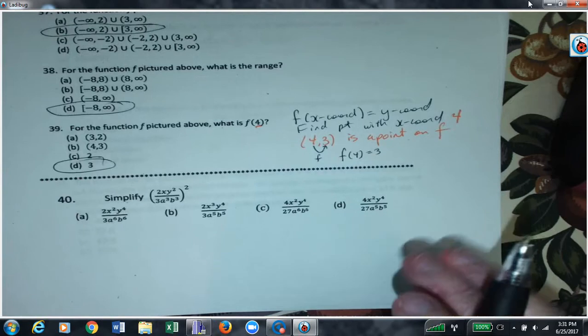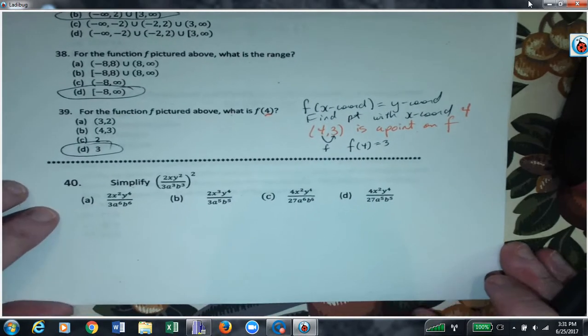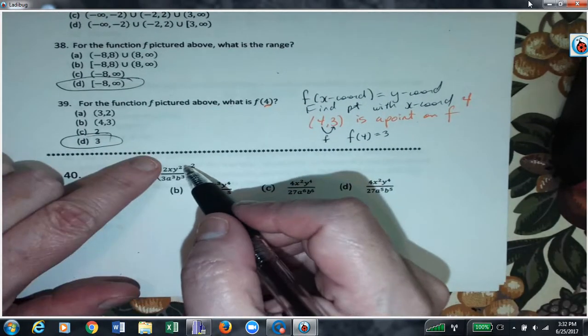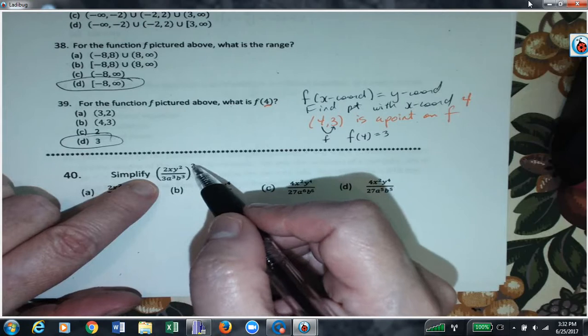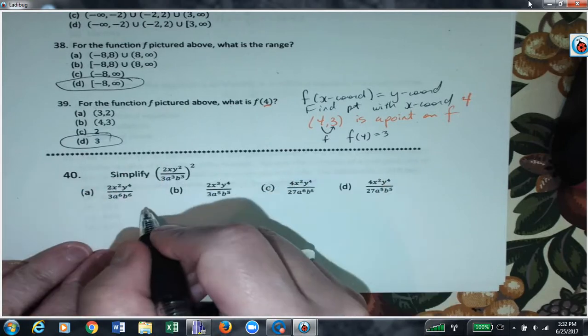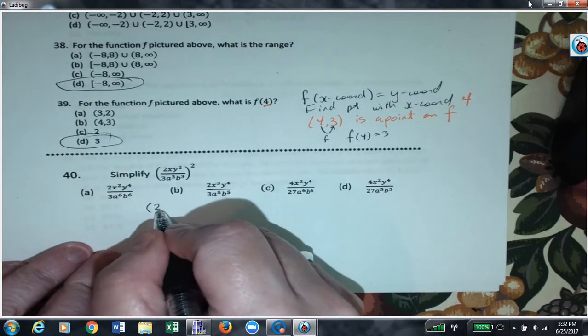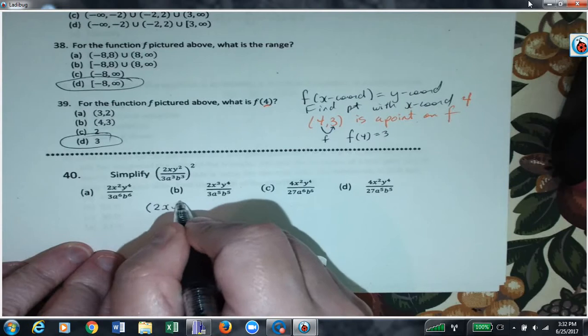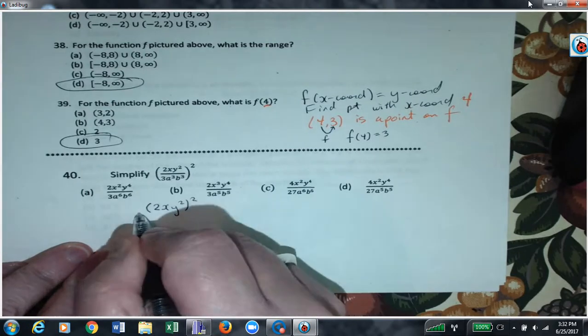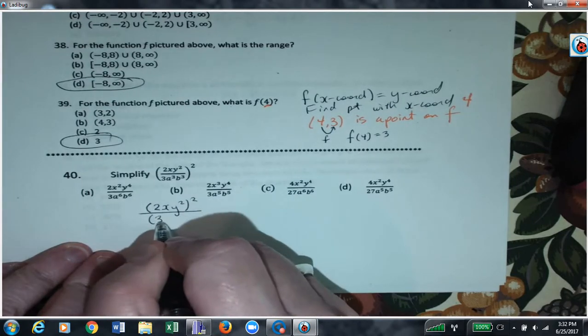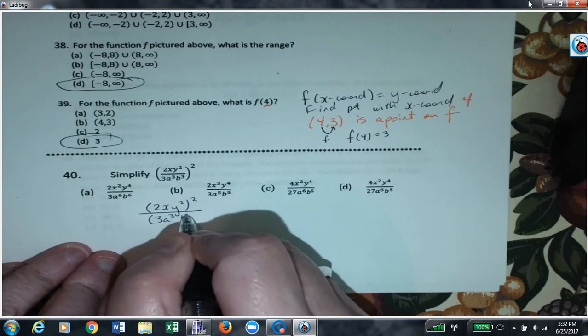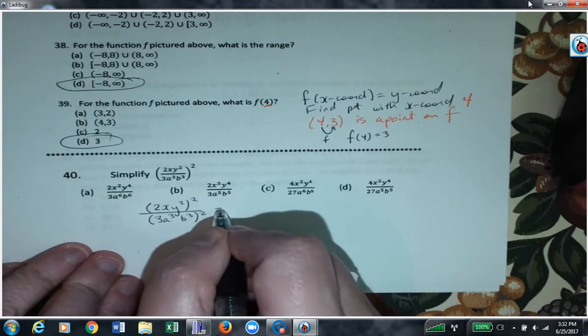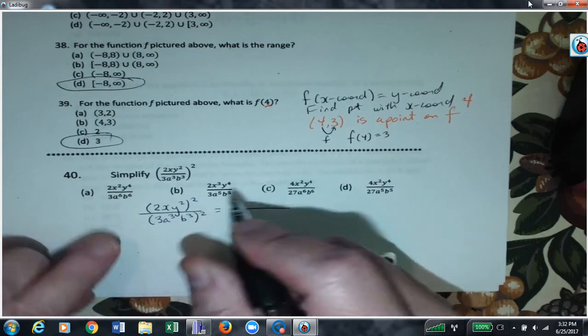Simplify this. This is another exponent rule. Okay. Now, when I've got a fraction and the whole thing is raised to a power, then it can be applied separately to top and bottom. And I'm going to work top and bottom separately.